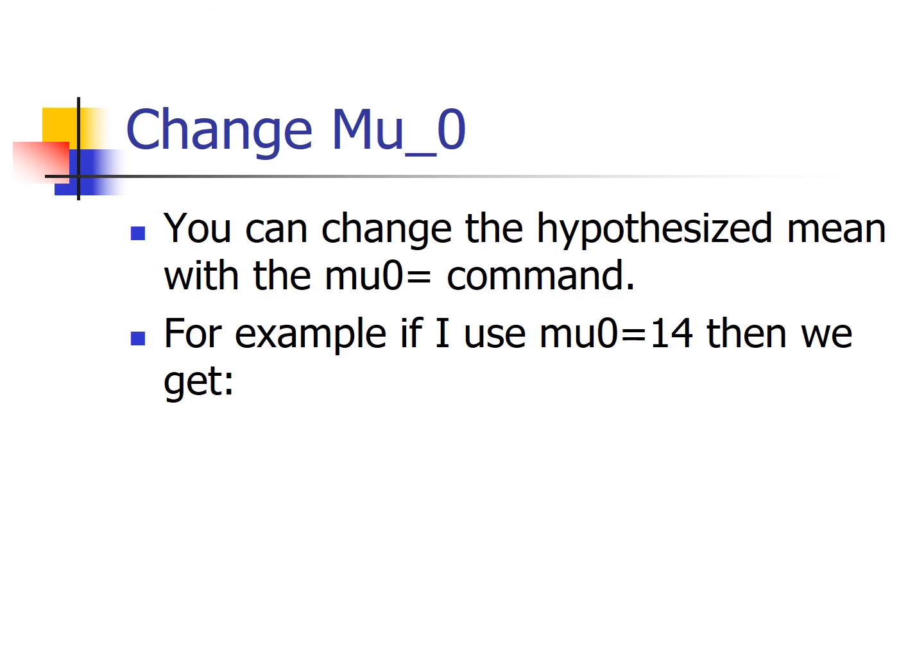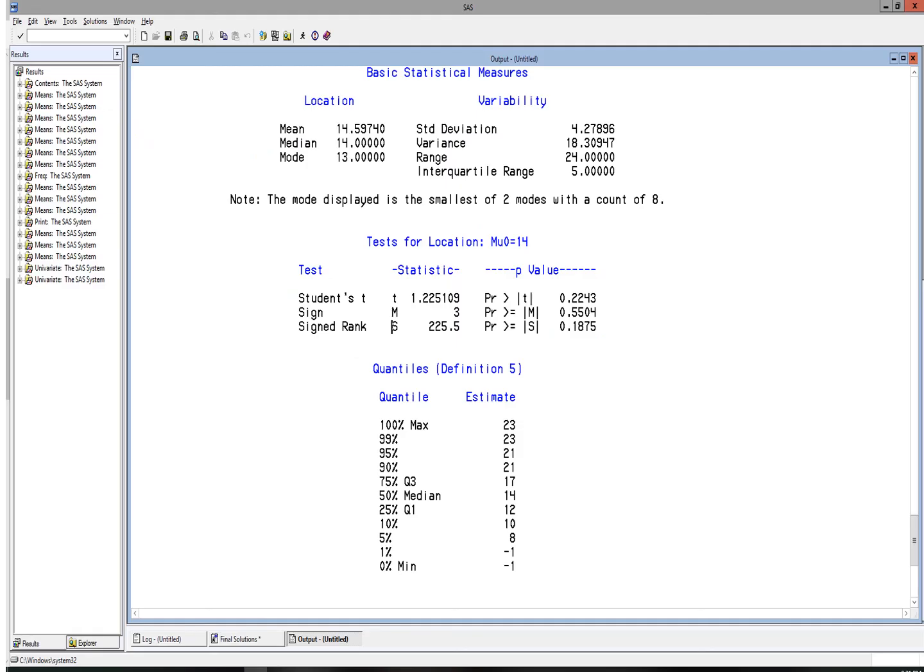Now our output's going to look a lot different. Our sample mean is 14.6. We see now that it's a test for location for mu not equal to 14. That t statistic is saying that 14.6 is 1.23 standard deviations above the hypothesized mean of 14.